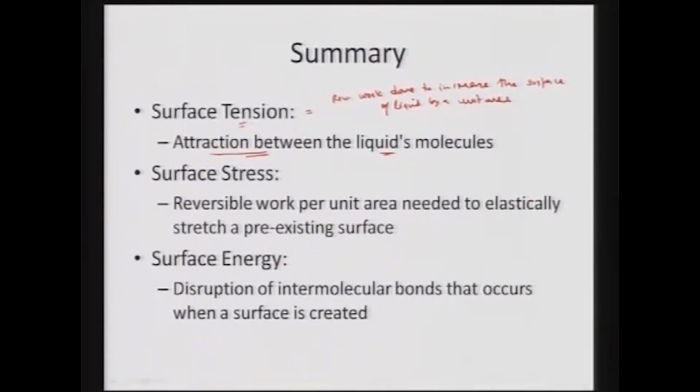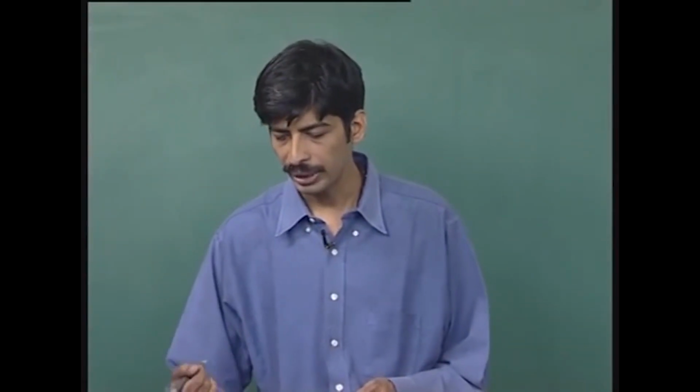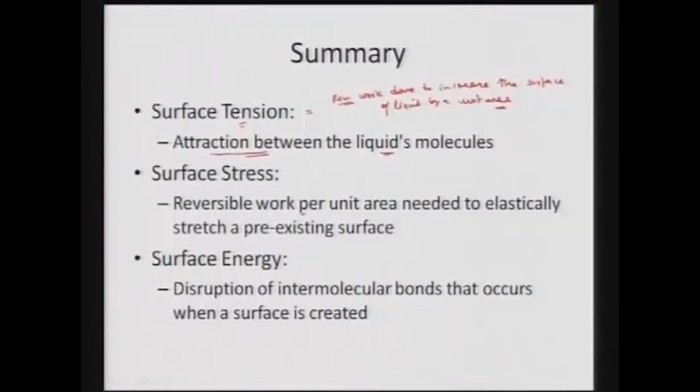So we need to do some reversible work to increase the surface of a liquid by a unit area, whereas surface stresses are the reversible work per unit area which is needed to elastically stretch a pre-existing surface.